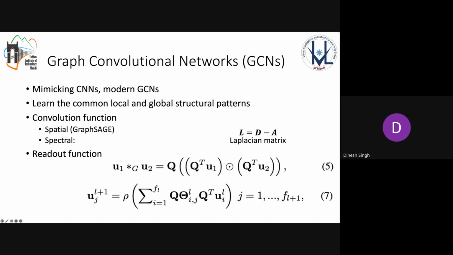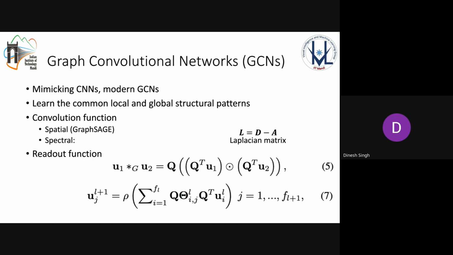The overall idea was motivated by the FFT, or the discrete Fourier transform, and how we apply FFT.